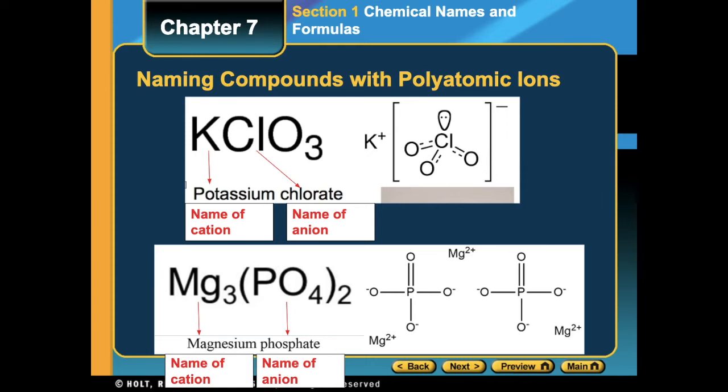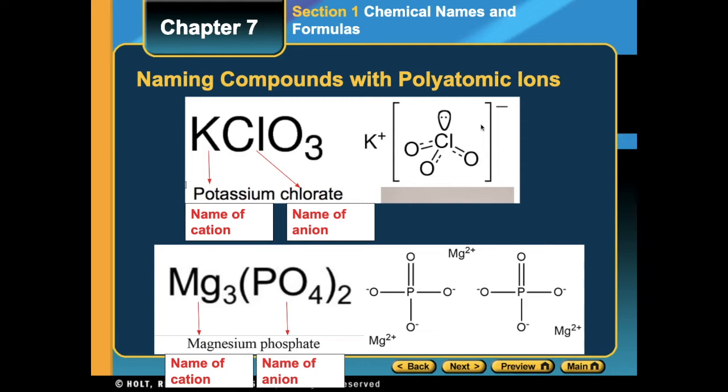So now, when we take these polyatomic ions and we combine them with other ions, we can form ionic compounds. So as you can see here, this is chlorate, ClO3, okay? If we had another oxygen, it would be perchlorate.